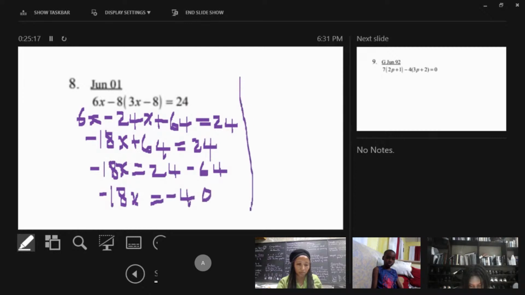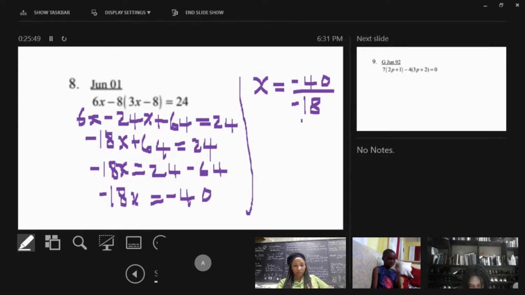Then we can divide both sides by 2. By 2, miss, we still need to get rid of this. So divide both sides by negative 18, because we still need x by itself. Miss, 18 can't go into 40. It doesn't matter. It just means that we're not going to get a perfect number, but we're going to get a fraction.